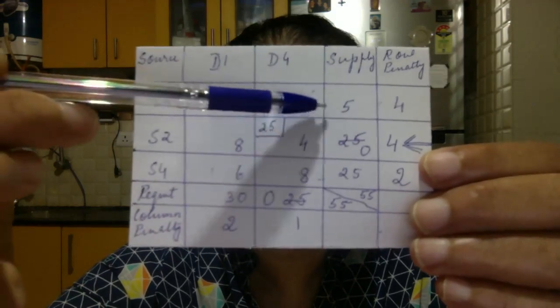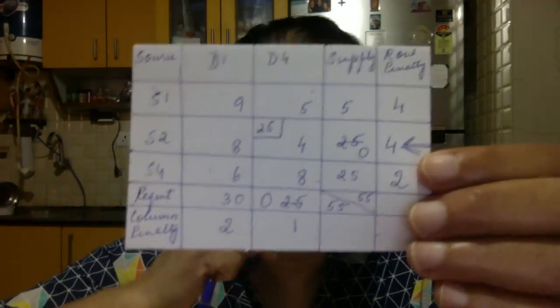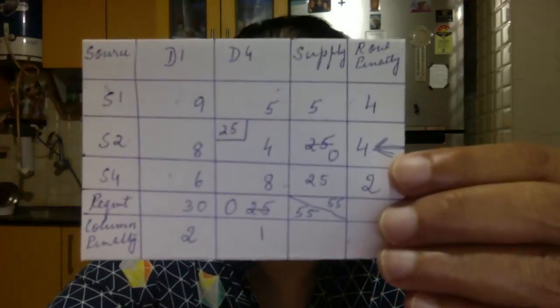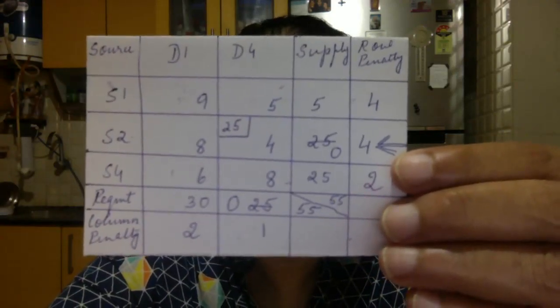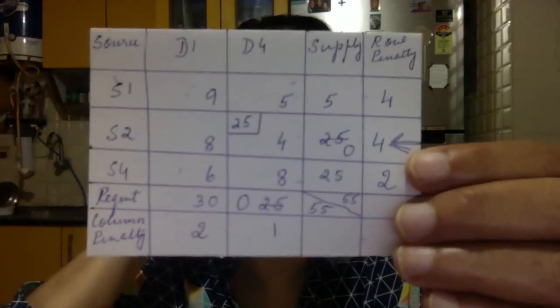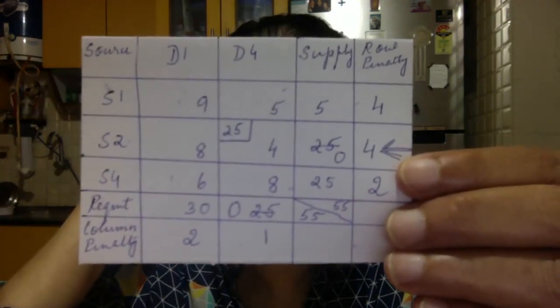So we have a choice now. Once this row penalty has been selected as the best and we finish it, since the whole column is gone, the penalties don't matter.